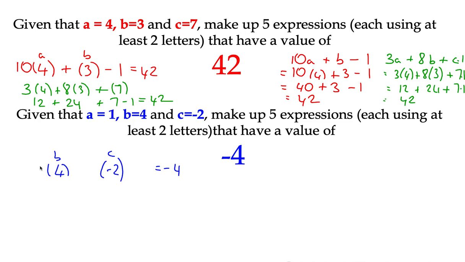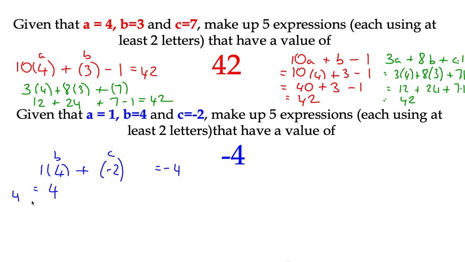That's obviously lower than 4, so I don't want to go too high with my positive numbers. Let's say I'm going to go with 1 lot of B, so I've just got 4 there. What do I need to do here? Well, I'm going to add the negative number, because remember, adding a negative is the same as subtracting it. How many lots of negative 2 would I add on? How many 2s down from 4 is negative 4?